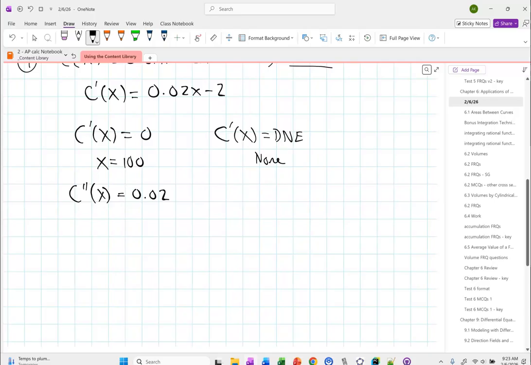Second derivative is constant. Since the second derivative is positive, we know that x value is a local minimum, or at least it's where a local minimum occurs. I shouldn't say.